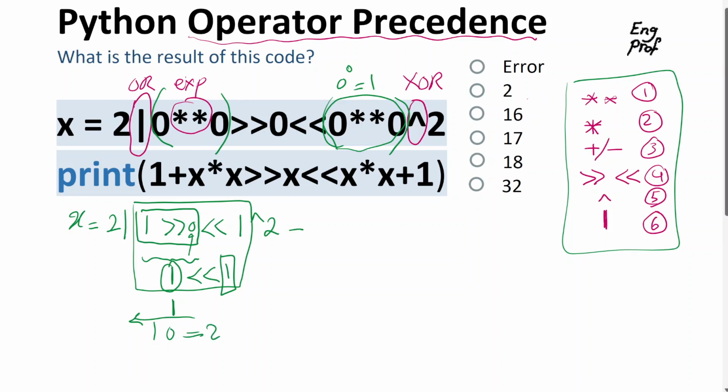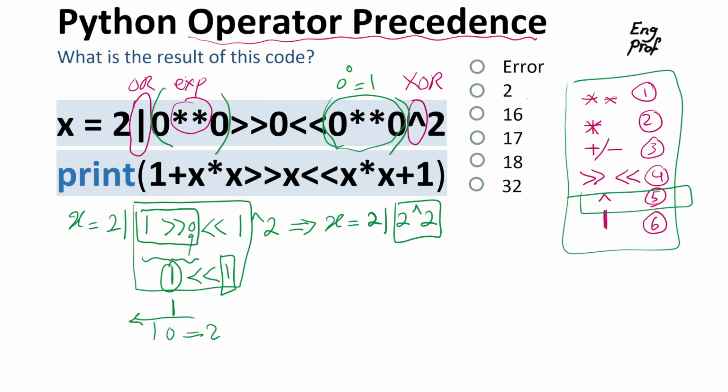So this whole thing says x is equal to 2 or 2 exclusive or 2. Exclusive or has higher precedence than or, so we execute this portion first. Anything exclusive or with itself, bitwise, so 10 exclusive or 10 gives 00, which translates to 0 decimal.